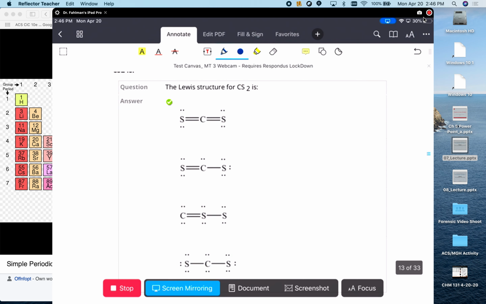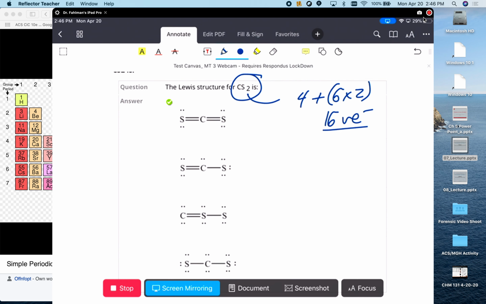Lewis structure for CS2, carbon disulfide. We've got 4 for carbon plus 6 times 2, so 16 valence electrons. This is going to be analogous to carbon dioxide, because sulfur's in the same group as oxygen.